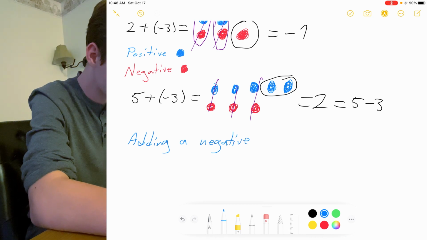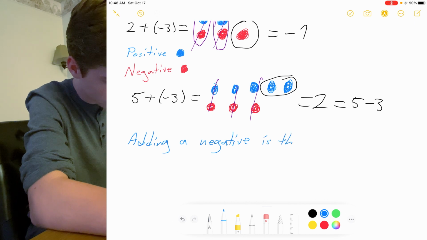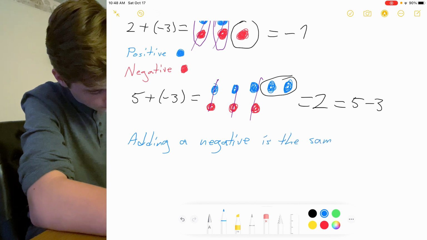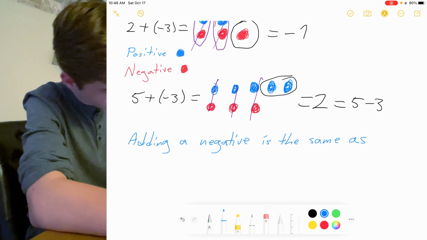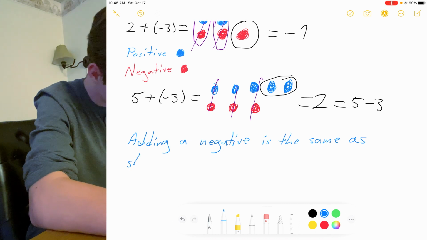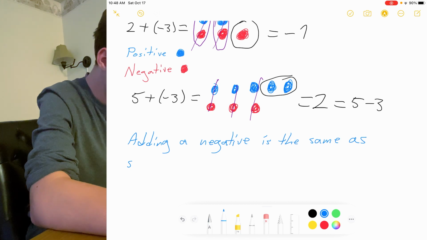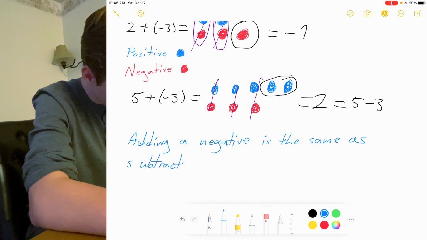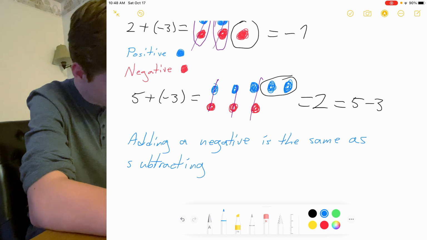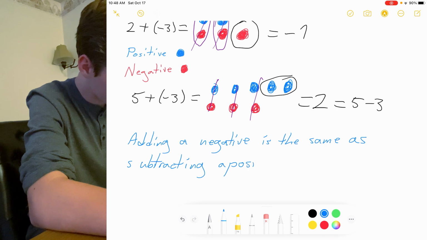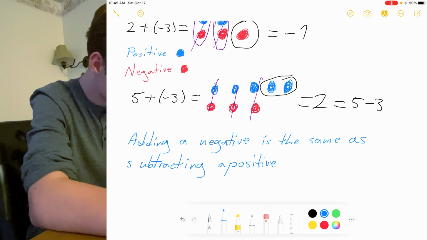Adding a negative is the same as subtracting a positive. And actually vice versa, right? Subtracting a positive is the same as adding a negative.